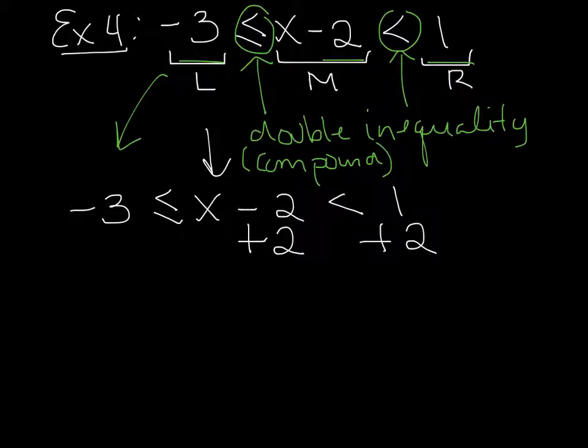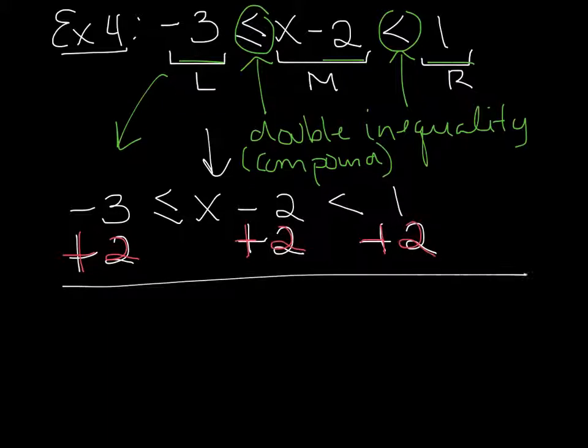I have to add it to the middle, the right, and the left. Maybe I'll make that a different color just to emphasize that: +2, +2, +2. And this is -1. You drop down the inequality symbol. x, and this is 0, which is what we wanted, is less than 3.